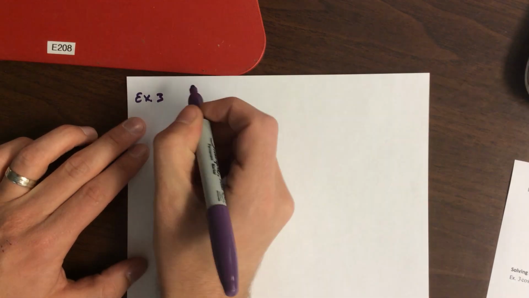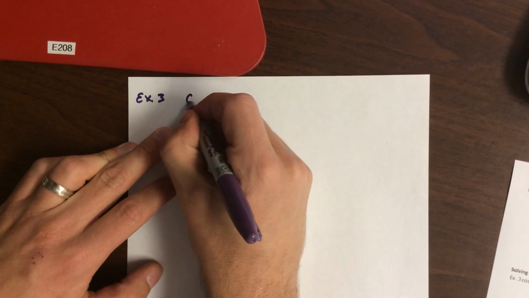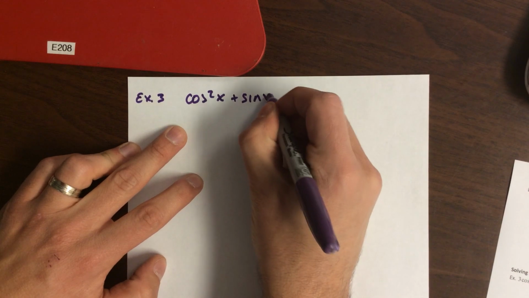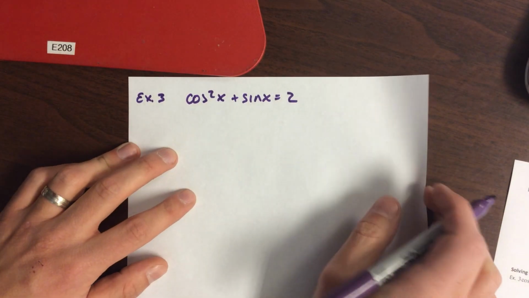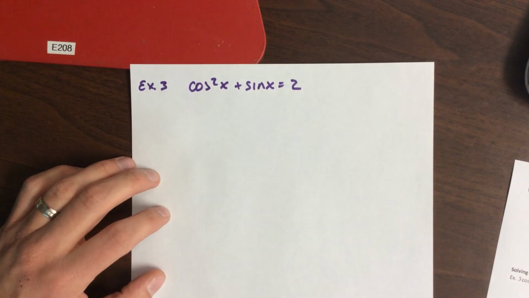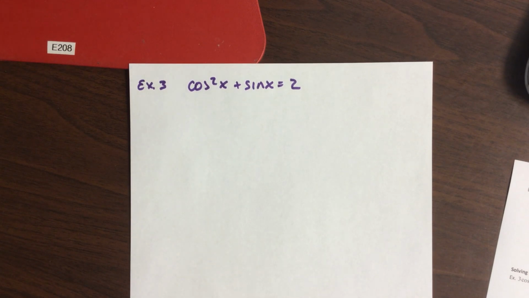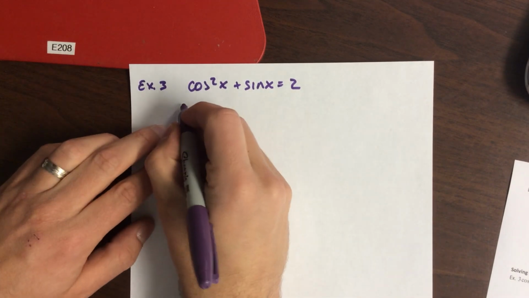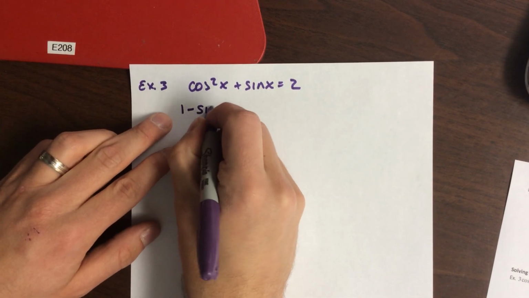So example 3, we have cosine squared plus sine equals 2. What shall we do? Let's change that cosine squared to 1 minus sine squared.